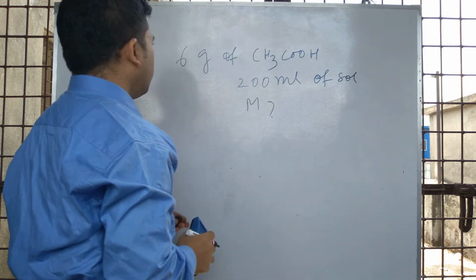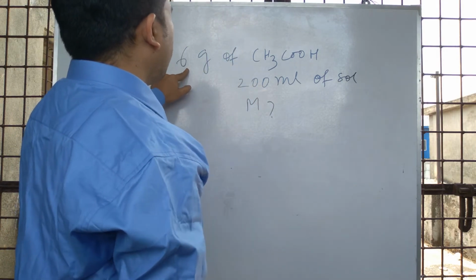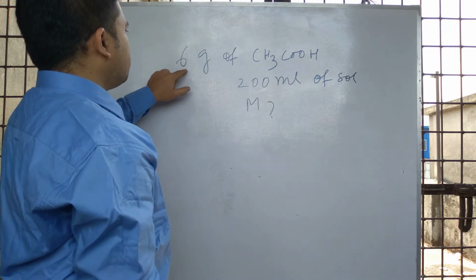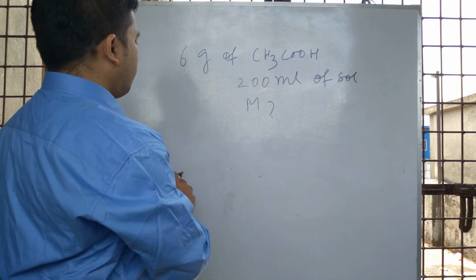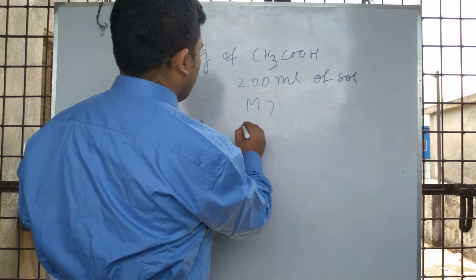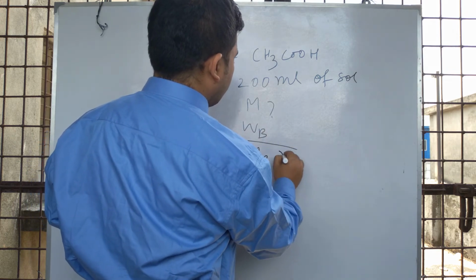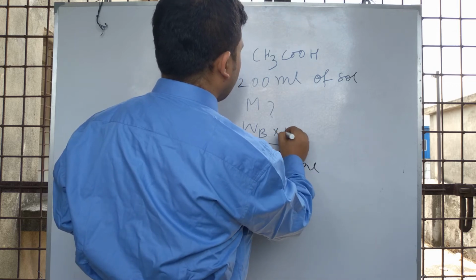We have to calculate the molarity of a 200 ml solution where 6 gram of acetic acid is present. So our molarity calculation formula is Wb by Mb, then times 1000 by V in ml.